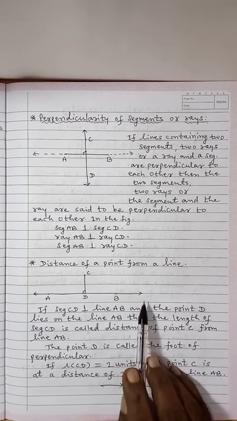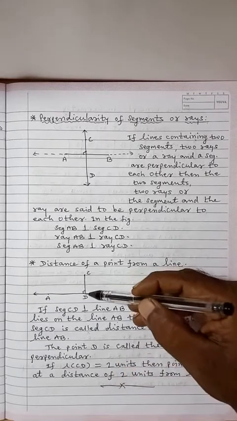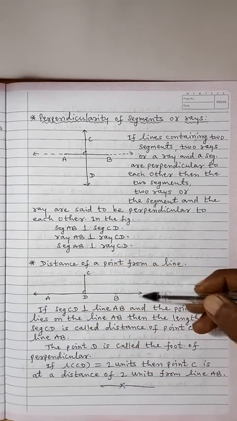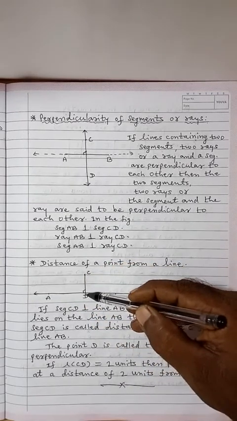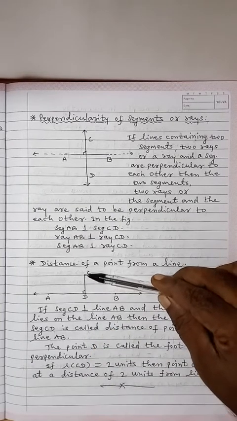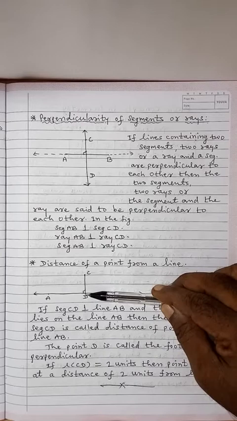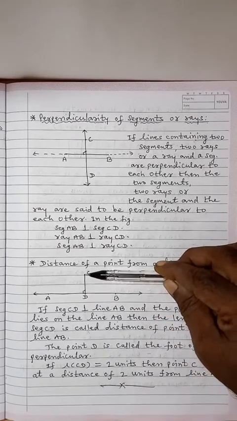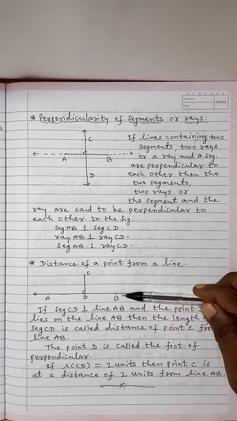Is that clear? See here, segment CD is perpendicular to line AB, point D is on line AB, then length of the segment CD is the distance of point C from the line AB.